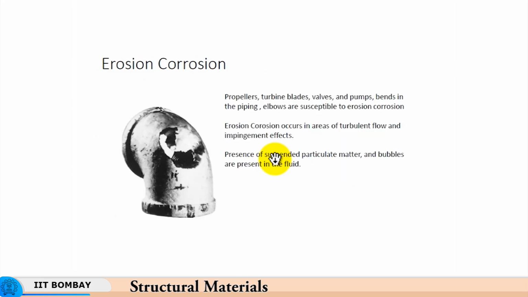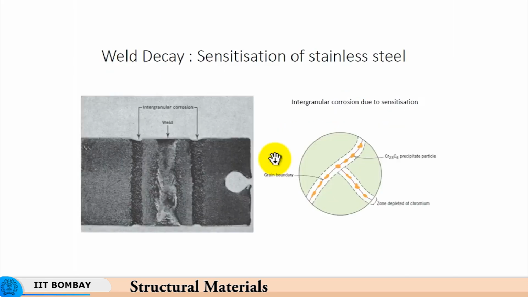Then this is erosion corrosion, where in propellers, for instance, you have wet steam. So, you have droplets of water in steam hitting the turbine blade at a certain velocity, eroding some material progressively over a period of time. So, these turbine blades, valves, pumps, they are prone to these abrasive materials, which as I explained earlier results in corrosion.